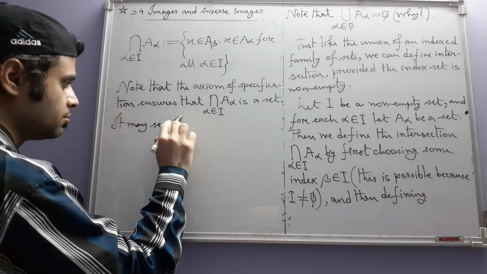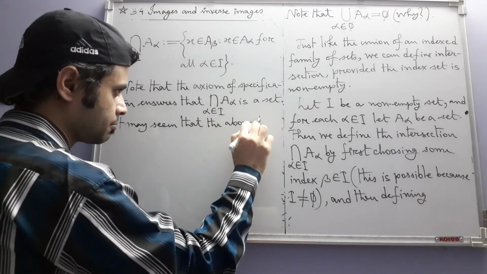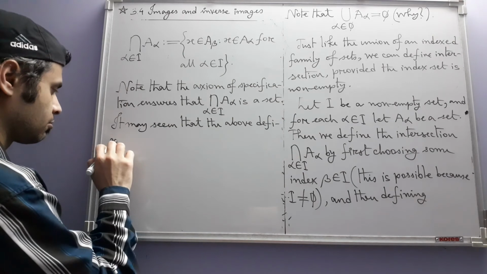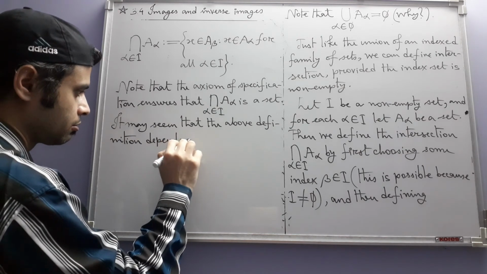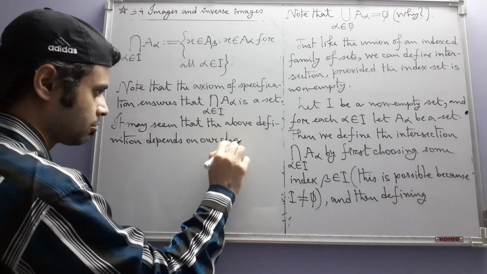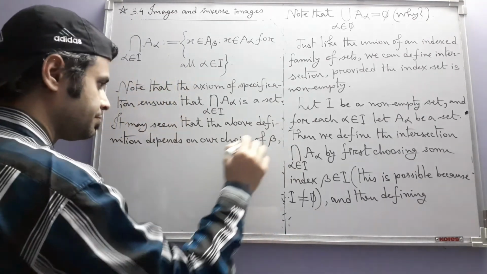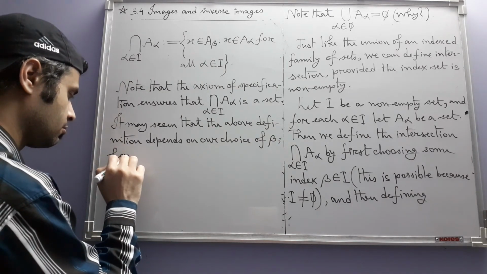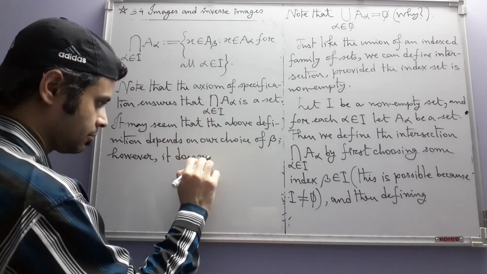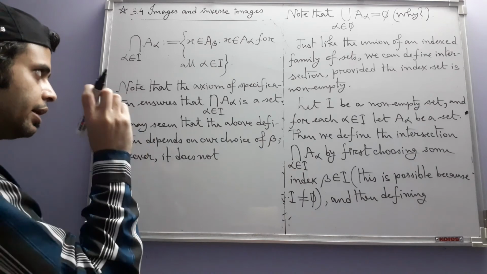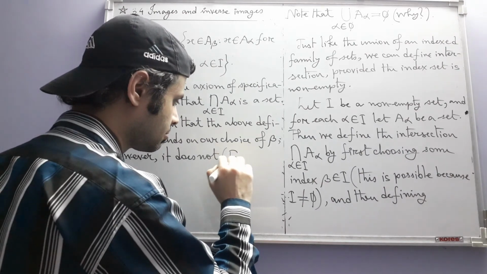It may seem that the above definition depends on our choice of beta. However, it does not. That is, whatever beta we choose in I, we end up with the same set. And this is exercise 9.